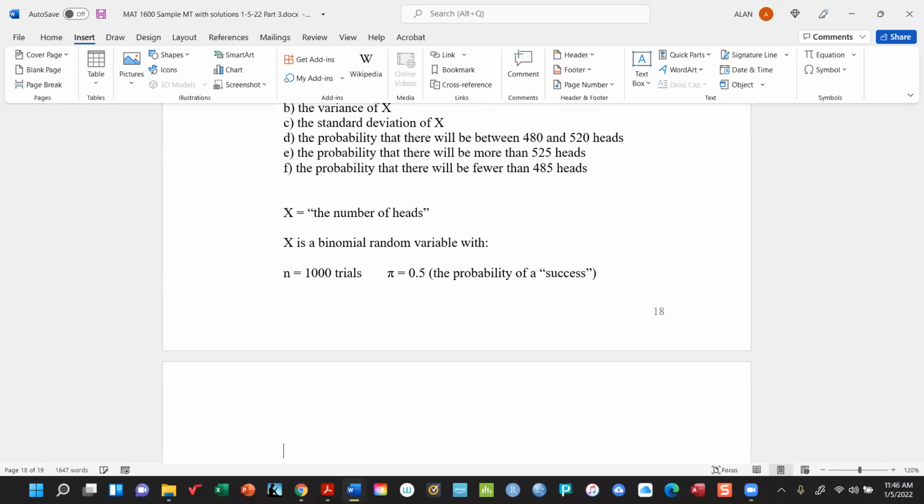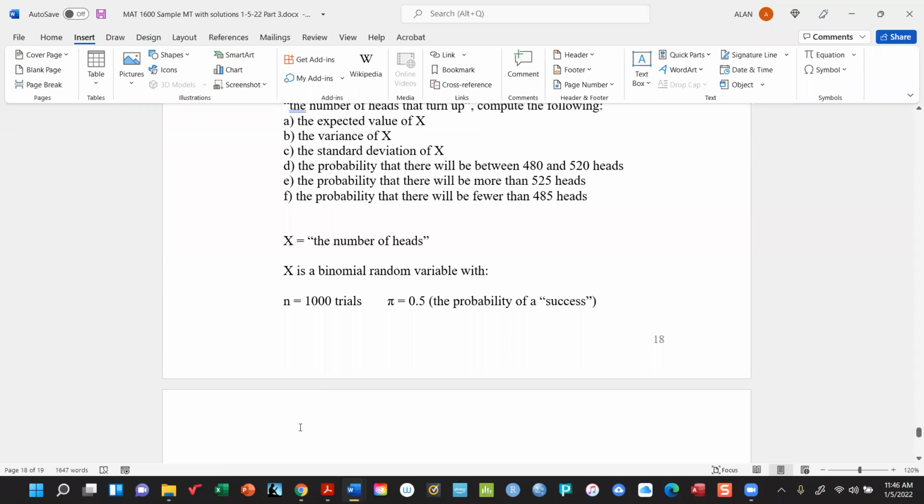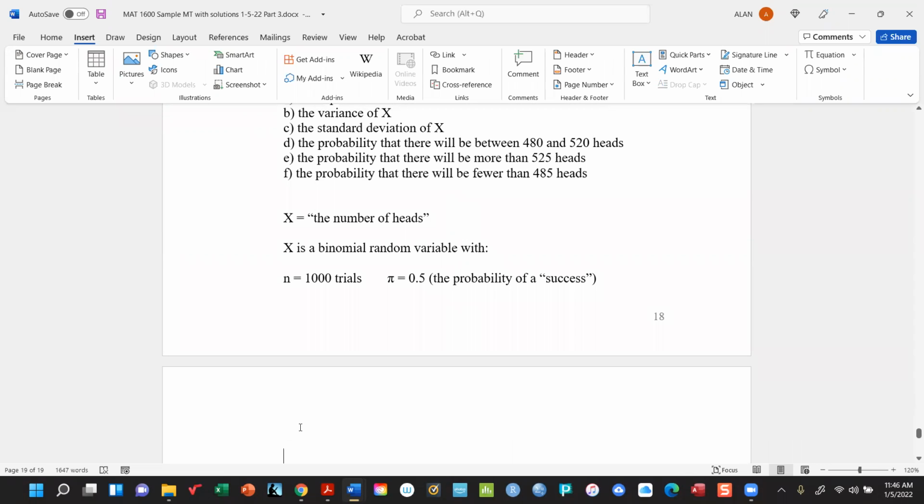All right. So now they're asking us for the moments first, because we're going to use them in our calculations. Normally that comes last, but in this case, it's much more useful to calculate these first.